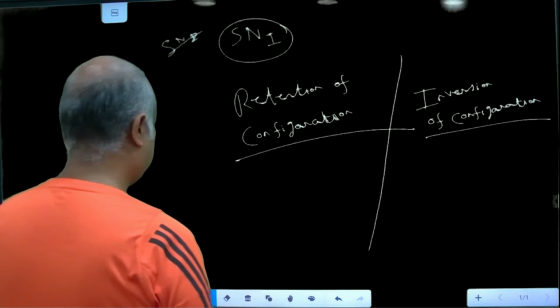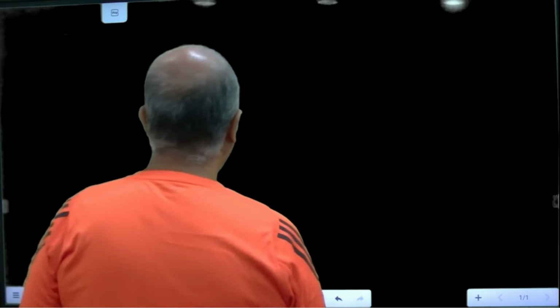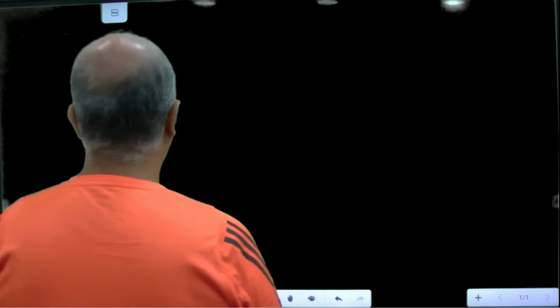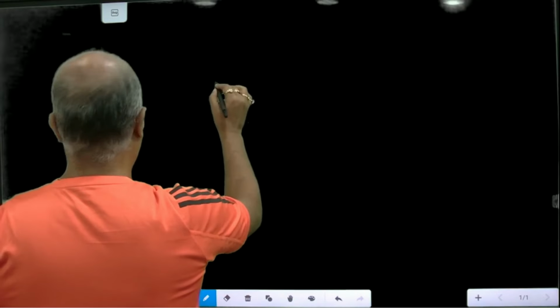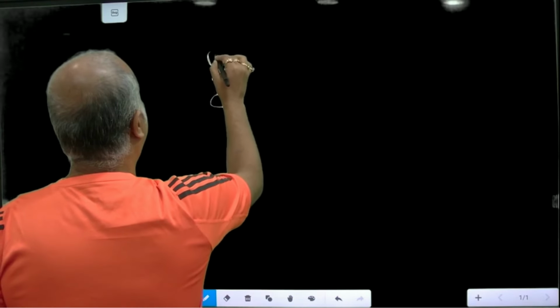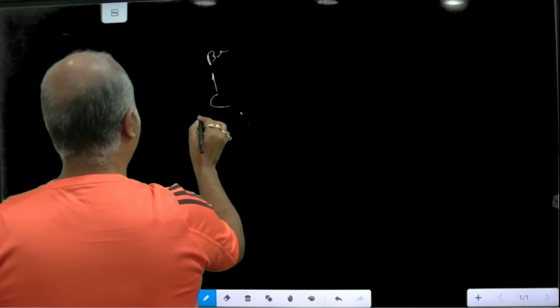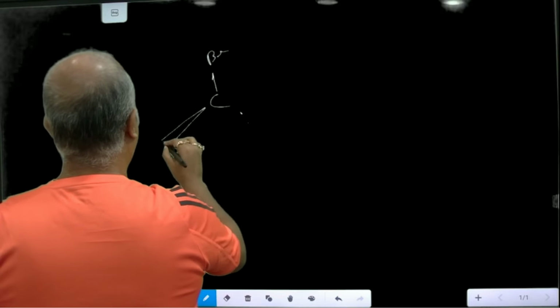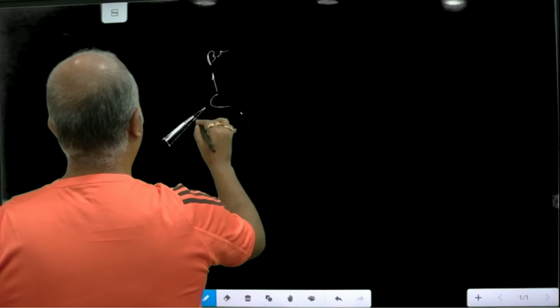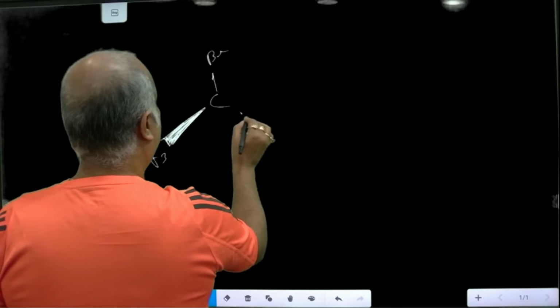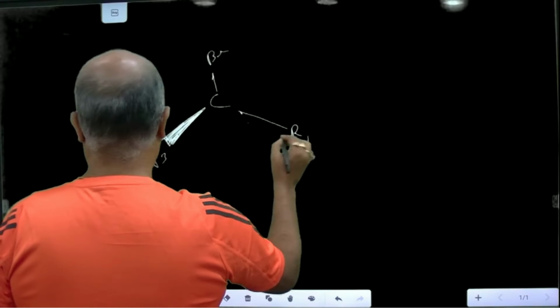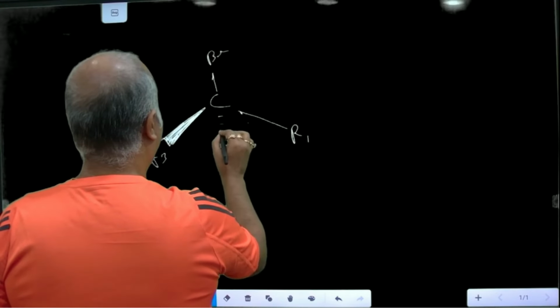One thing remember. That is R1, that is R3, that is R1, and that is R2.